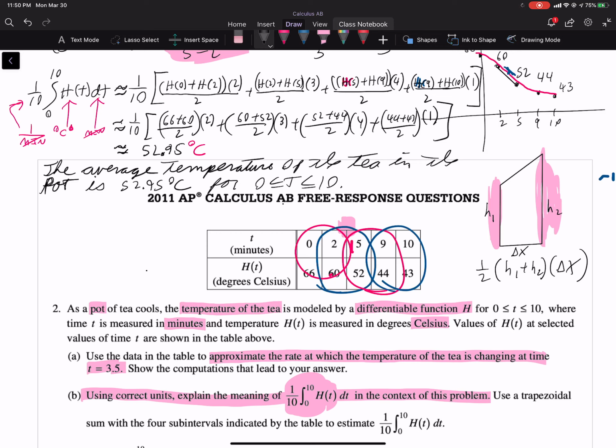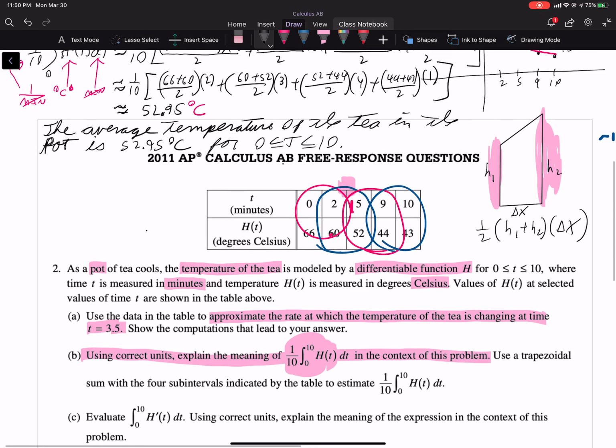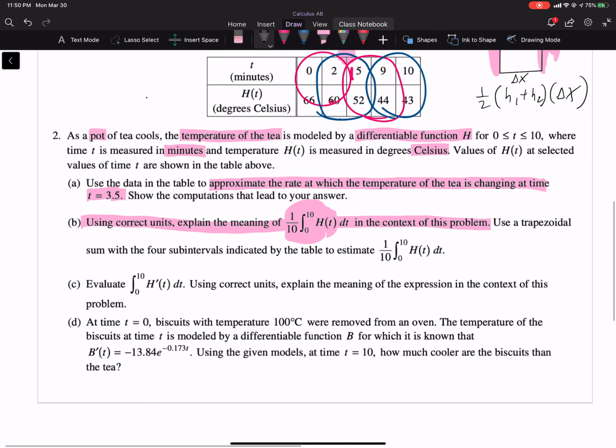That's it. As simple as that. So that formula is average value. The function's H. H is the temperature of the tea in the pot. We are finito with part B. Let's go to part C and D.